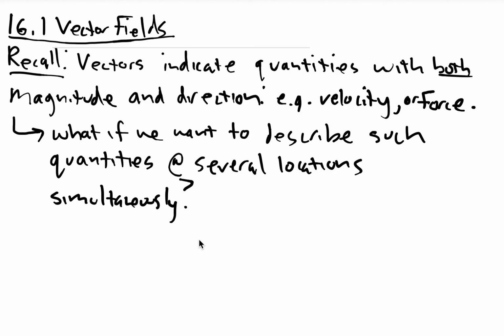So what if I want to describe these quantities that end up being vectors? What if I want to describe them at several locations simultaneously? If you're wondering what the heck I'm talking about, I can give you some examples of what I might be referring to.